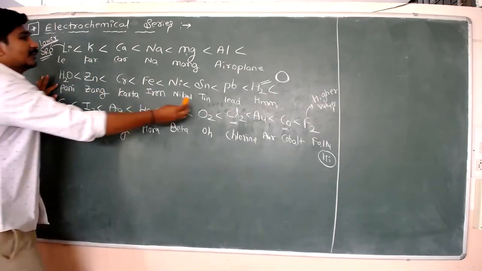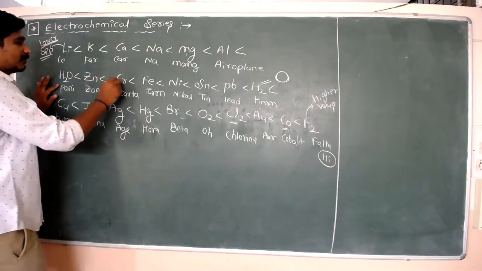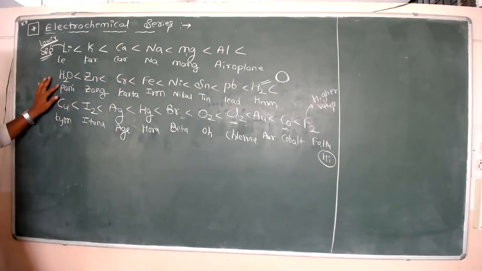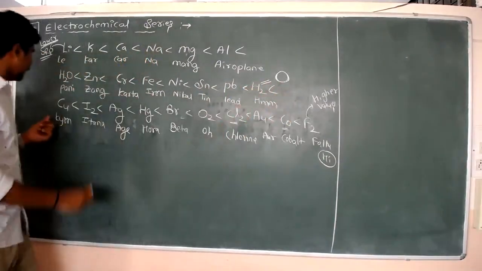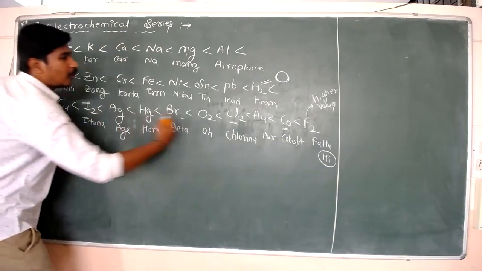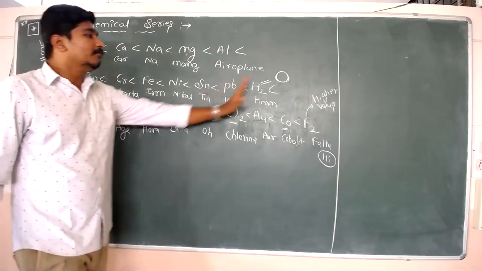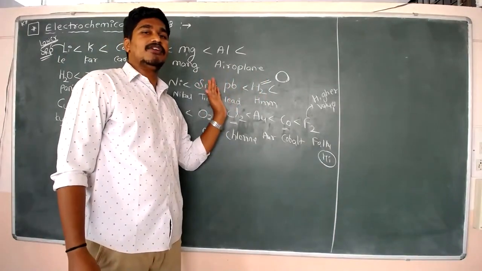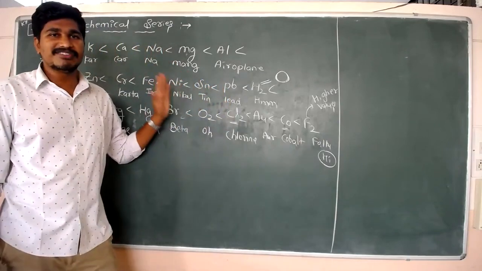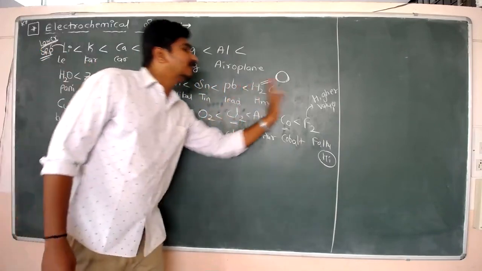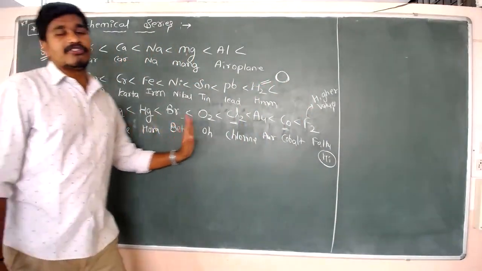Now before hydrogen all are having negative SRP values. Whereas next to the hydrogen, that is copper, iodine, etc., these are having positive SRP values. Just remember, before hydrogen, the elements are having negative standard reduction potential values, and the elements after hydrogen have positive SRP values.